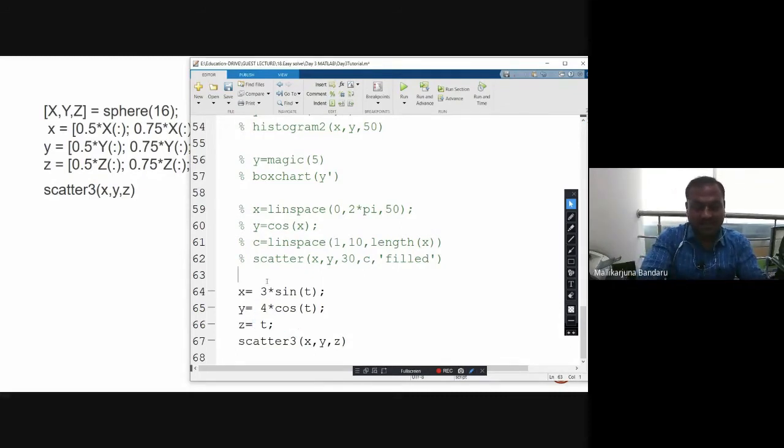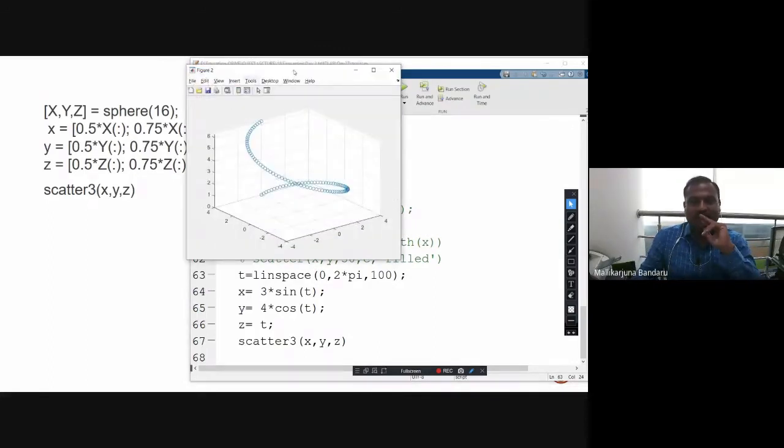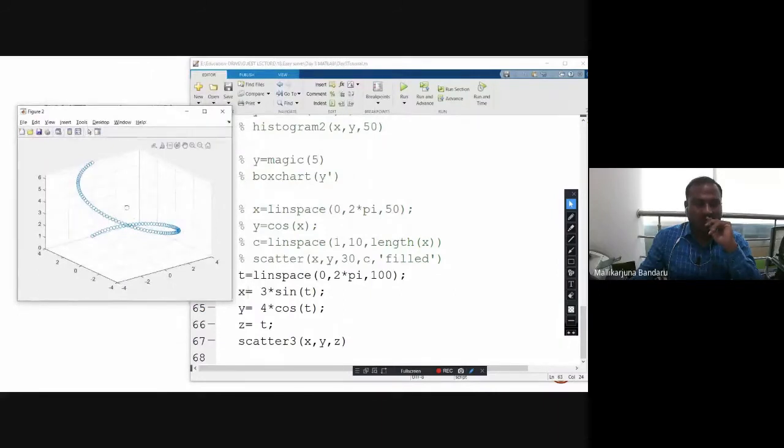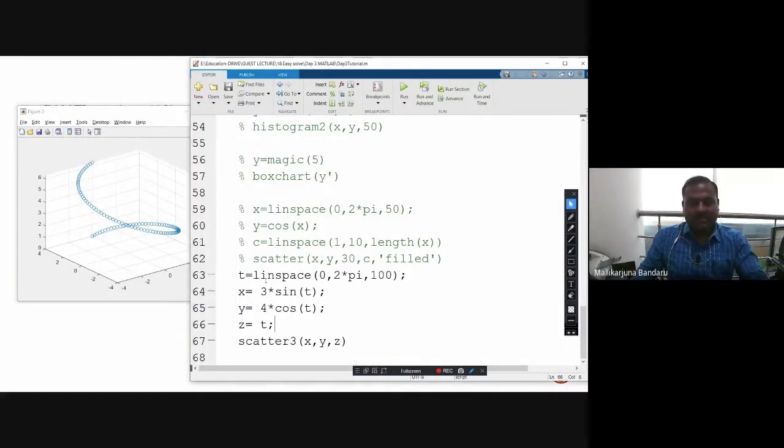Let us give t equal to, suppose, linspace 0 to 2 pi, 100 points. See, this is what it showed earlier, the same thing in 3D. But let us remove this C and see, it may be x, y, z. Let us take the 30 and C comma.